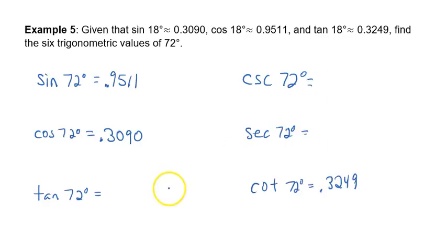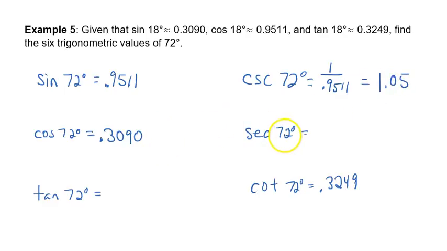And so those are the three that we can get from our cofunction relationships that we're learning about. The other three, we're going to have to use our reciprocal relationships. Cosecant of 72, I'm going to have to do 1 over the sine of 72. And I'm going to have to type that one in my calculator. So I'm going to get 1.05.